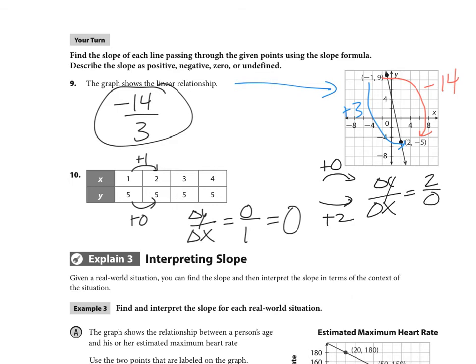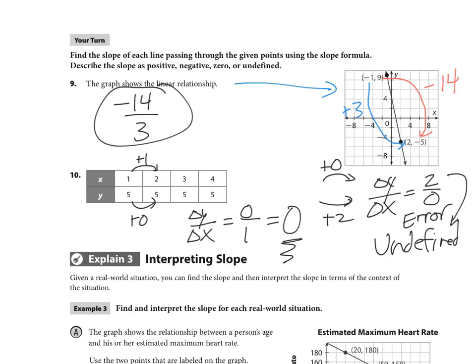Well, if you try to do that on the calculator, it's going to tell you error. Why is it going to do that? Because that's the case where your slope is undefined, because it's a vertical line. It's not a function. So your calculator will tell you when it is 0 and when it is undefined based on what you type into the calculator. But again, you have to recognize what to be able to put in.